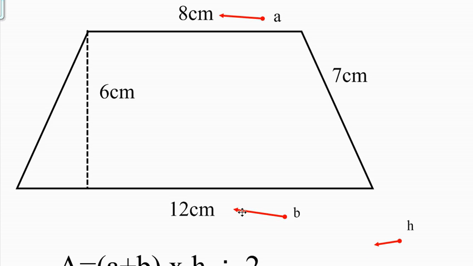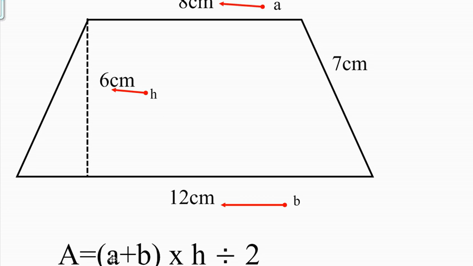In this case, B is 12 centimeters. And finally, the height. Height is like all the parallelograms and the triangles that we've done so far, going through the middle inside the shape, 6 centimeters. So there's A, B, and H. Of course, divided by 2.